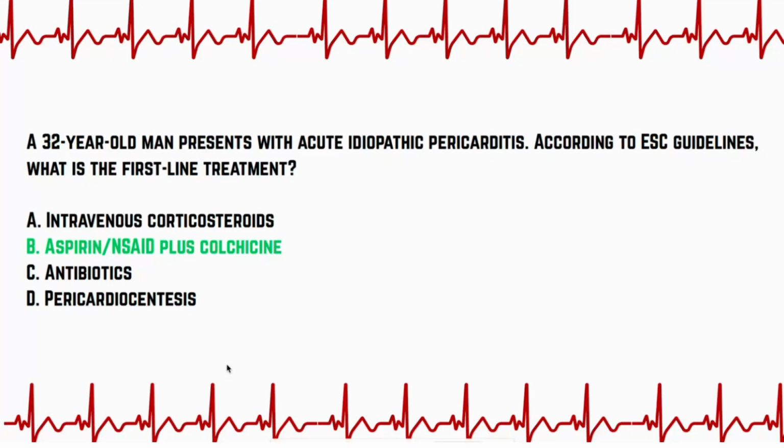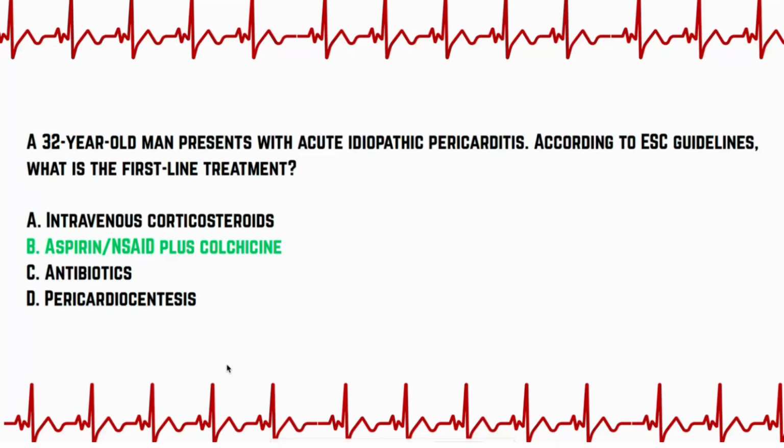Now, I've written intravenous corticosteroids there as well. There are some hospitals that I worked in where, in kind of late stages, you give corticosteroids as well, and this is a way to reduce the fluids inside the pericardium. But it's for those who have resistant pericarditis.